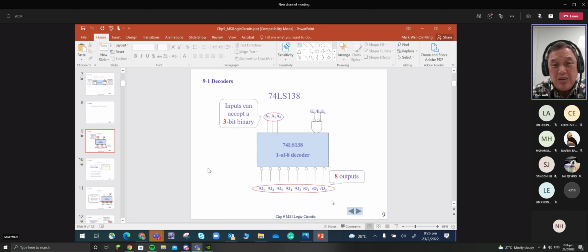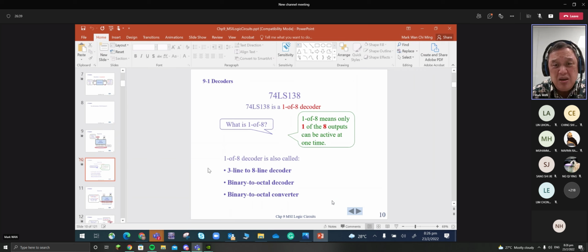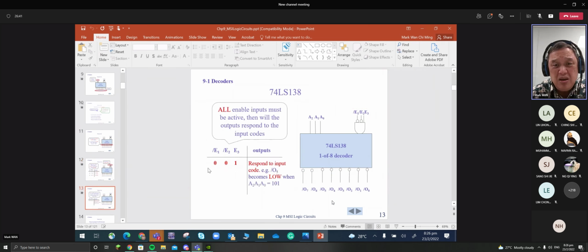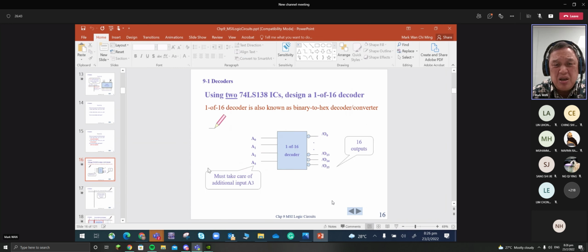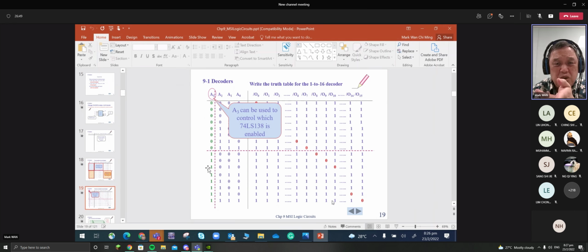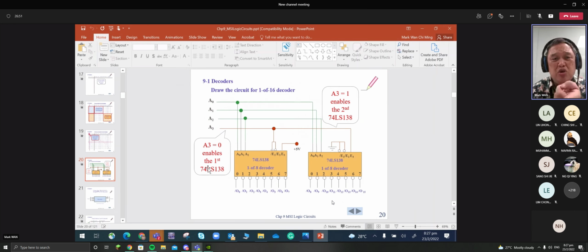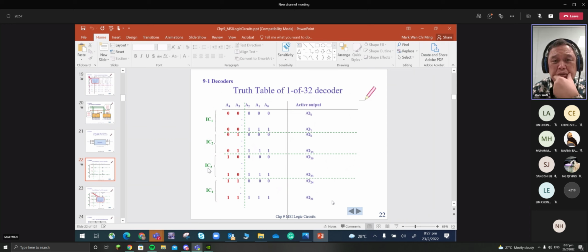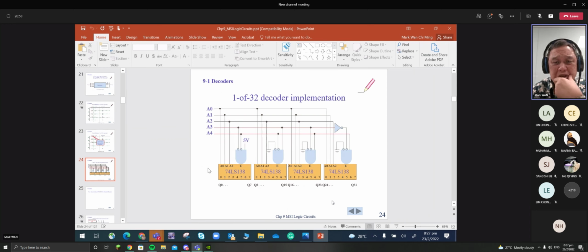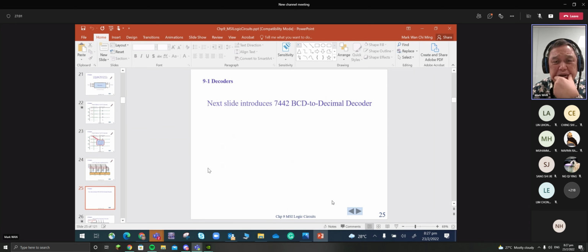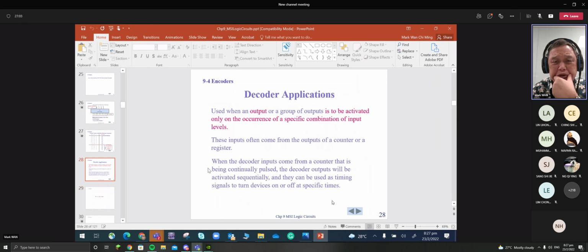This one you must know. Then after the 1-of-8 decoder, they say 1-of-16. You see in the notes, the 1-of-16 decoder. Then how? You must know this. You also must know how to draw the circuit diagram. All of this you better look at the circuit diagram. You have to know it. There's no shortcut.